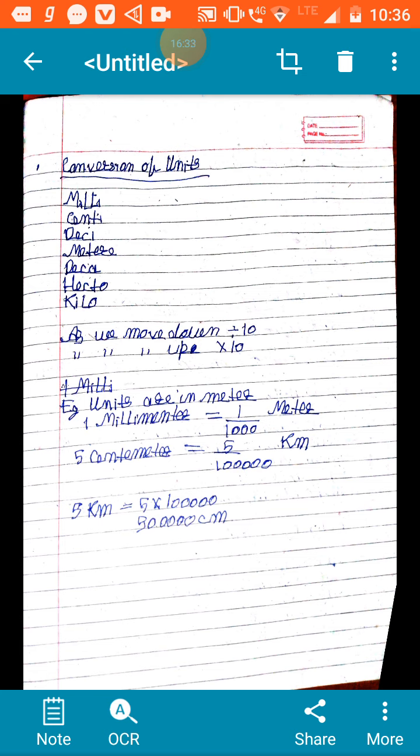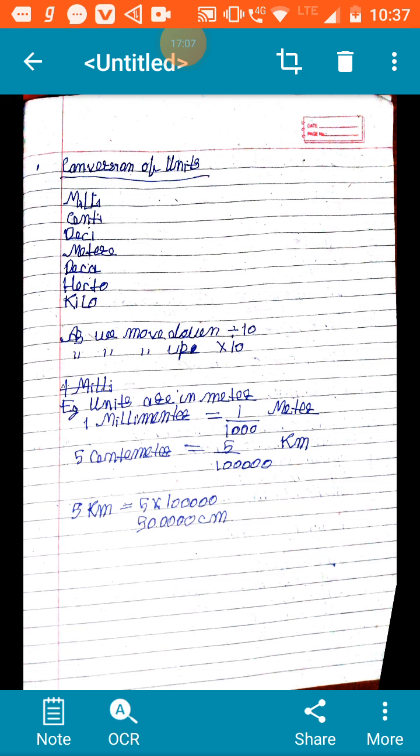As we move down we must divide by 10. From milli to meter we have centimeter and meter, then deca, hecto, kilo. So divide by 1000. That is, 1 millimeter is equal to 1 upon 1000 meter.